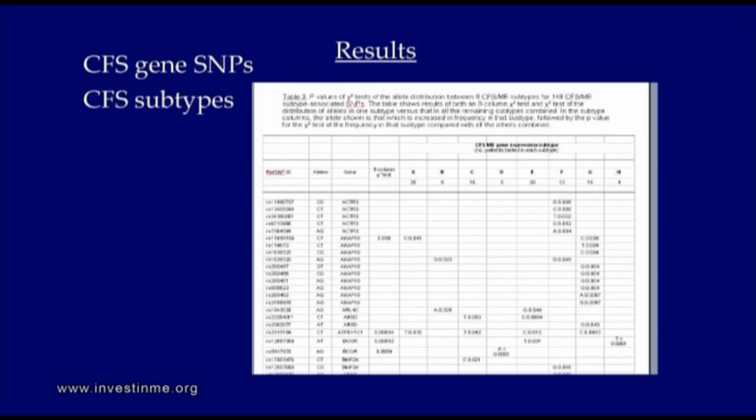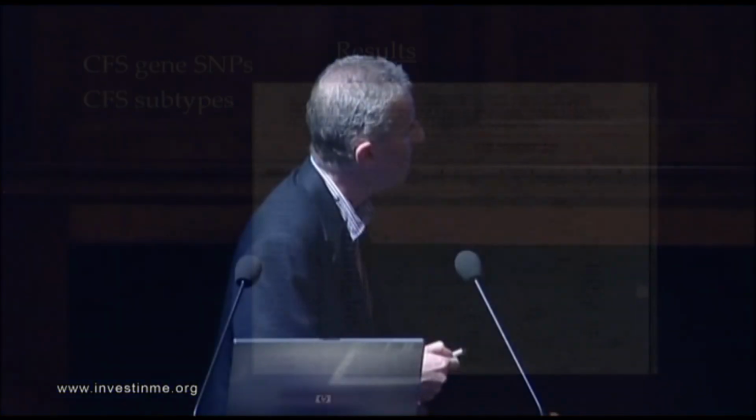And interestingly, these were clustered in particular genes. So these are the subtypes across the top, the SNPs down the side, and this shows basically the top of the table because it's too big to show all of it. And the genes which these SNPs occur within are shown here.